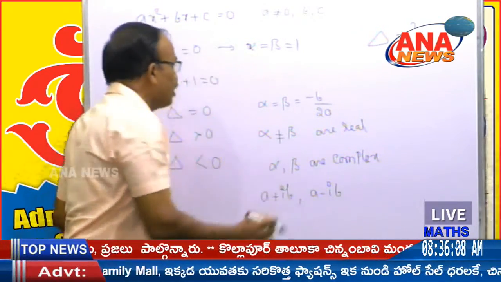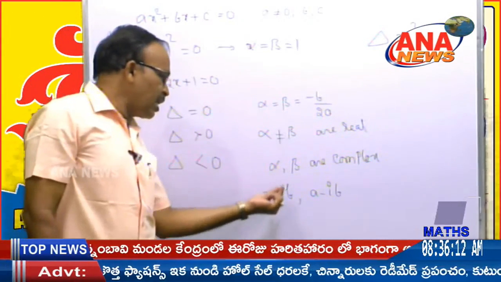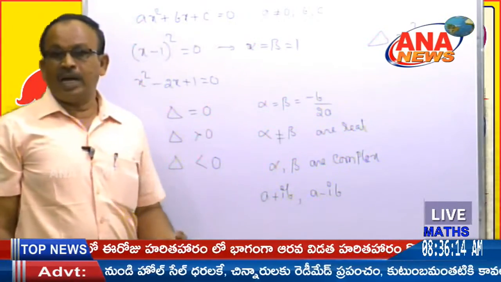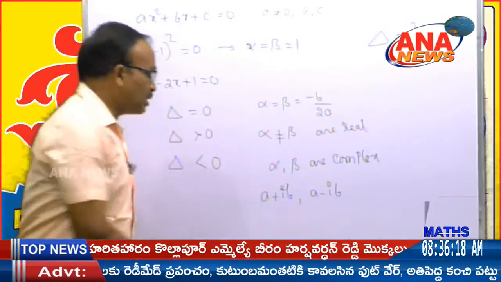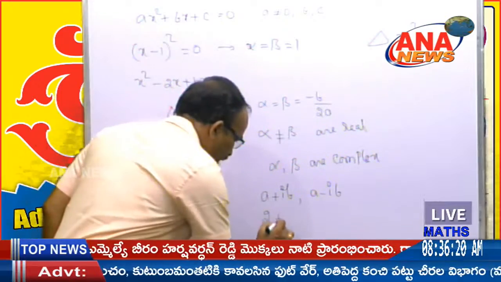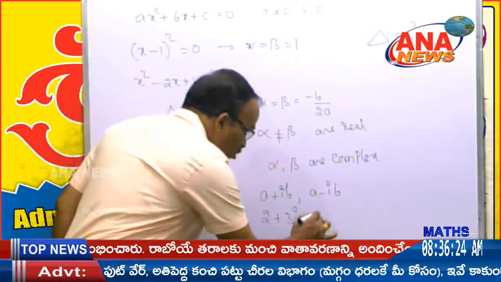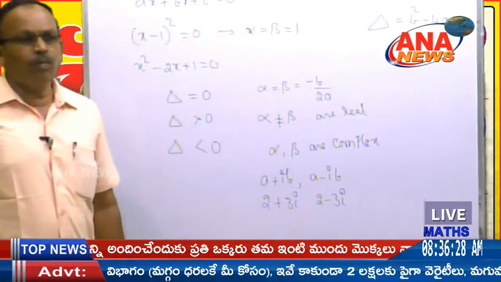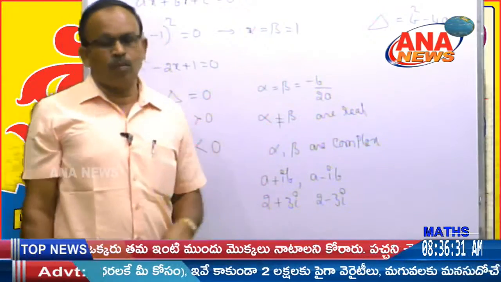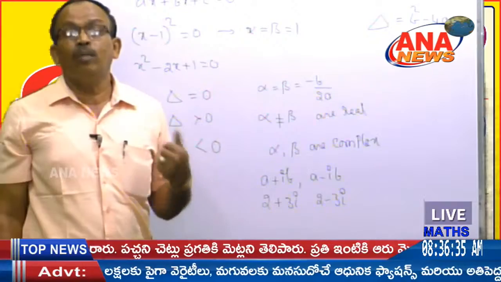These a, b are different, of course. Here a is real, b is real, and i denotes imaginary. So it is in the form, as I already explained, 2 + 3i. If one root is 2 + 3i, another root is 2 − 3i. If one root is 2 − 3i, another root is 2 + 3i.